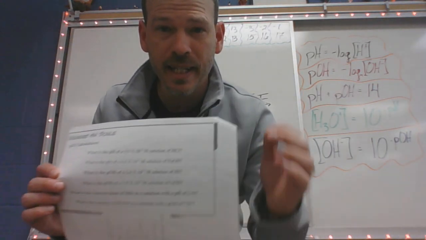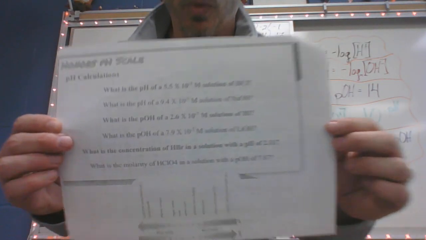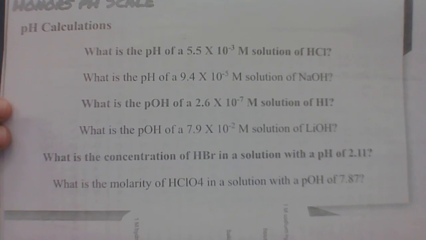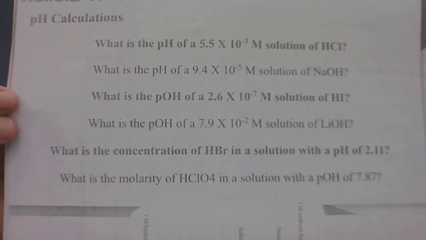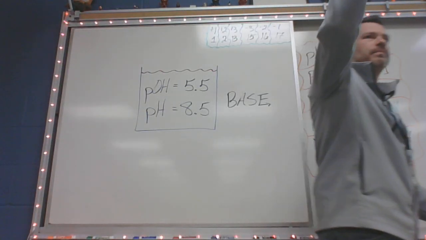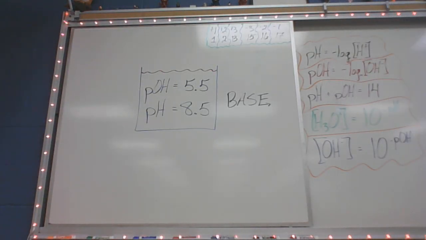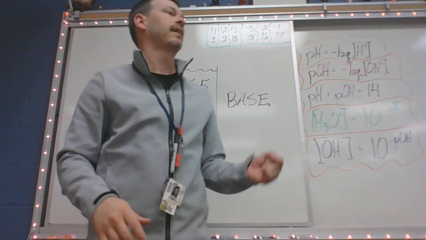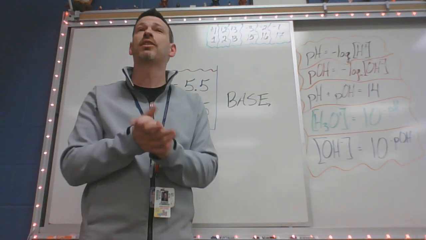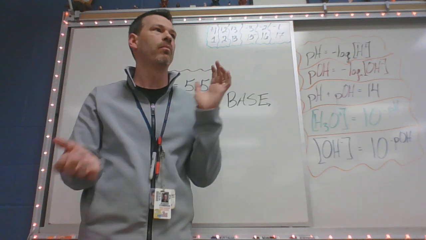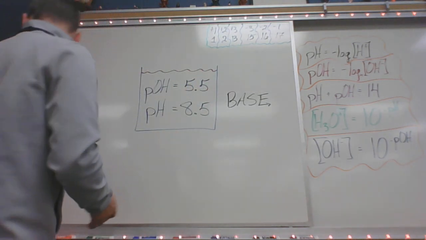If you don't have this packet, then pause and write down the questions, because we're going to be answering all 6 of them, and you won't be able to see them. We got it? Okay, yeah. This is the rest of lecture, is these 6 questions. You do need to work them out with me in your spiral on the packet. I don't care. Just somewhere that you will be able to re-access them when you need to see what you've done.